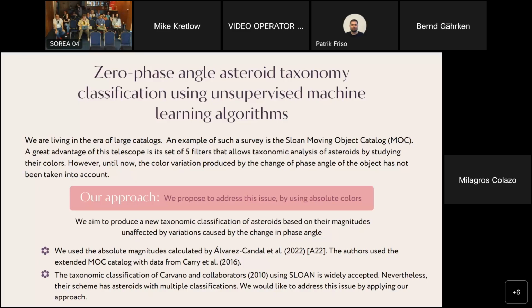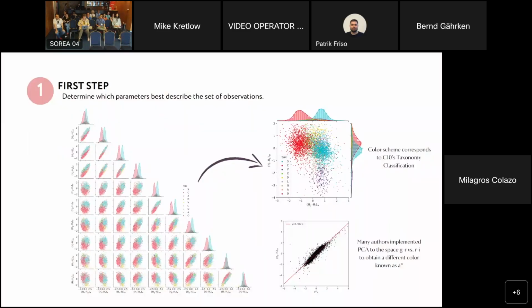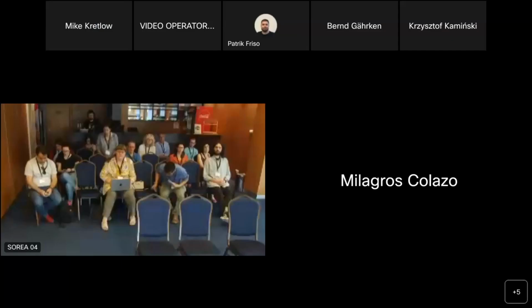Sorry, Emil, I'm not sure if we are on the proper slide. We can still see the slide on application to Trojan phase curves. Shall we see this one? Here? No? Maybe it's my internet connection. Maybe you should stop sharing the screen and start it again.